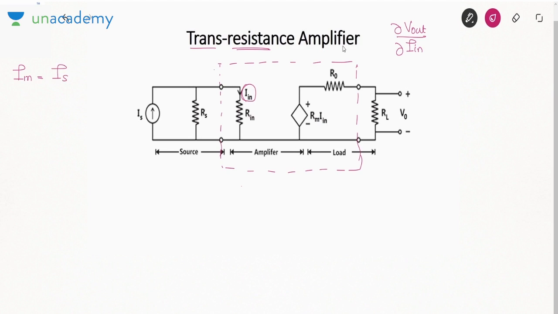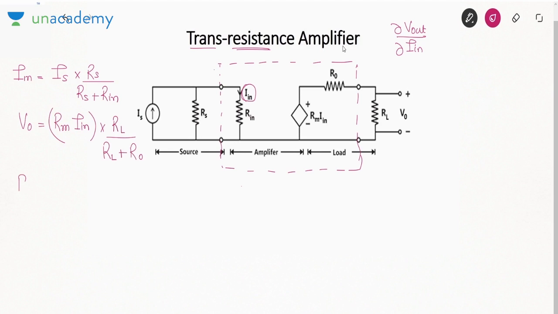I in is Is into Rs over Rs plus Rin. Whereas at the output side we have a series circuit, so I'll apply voltage division. It will be the voltage source multiplied by RL over RL plus R0.